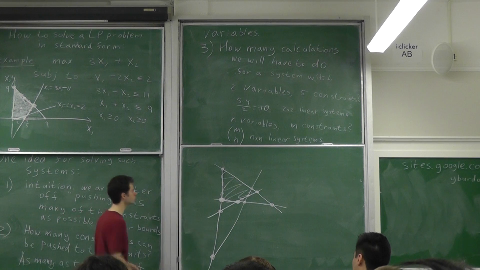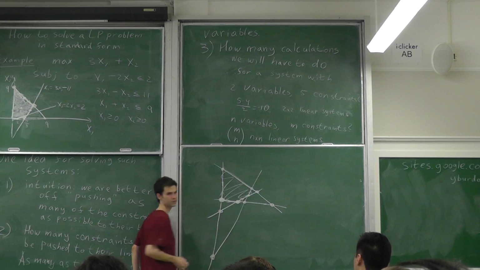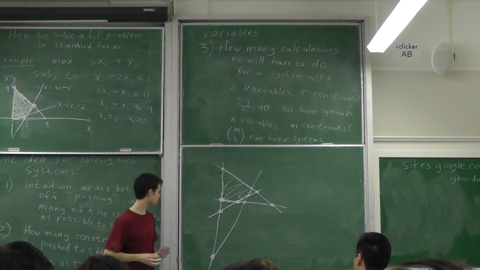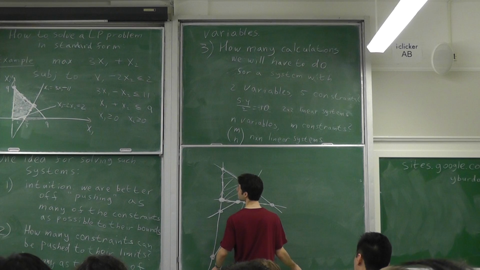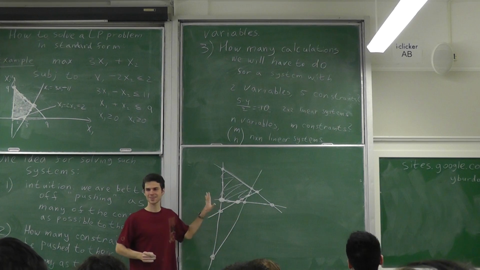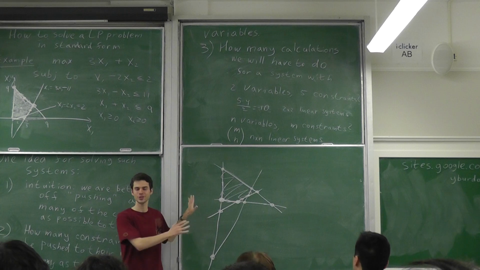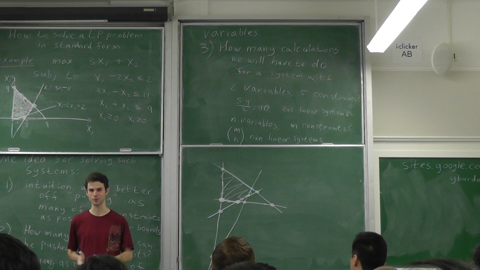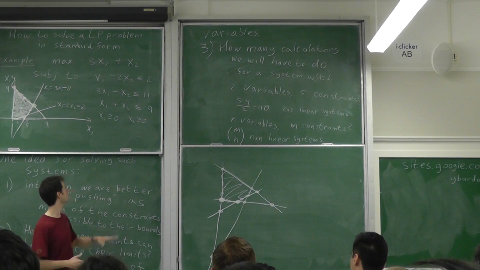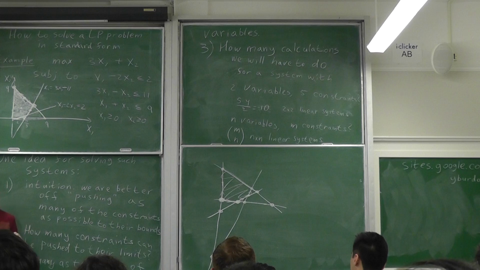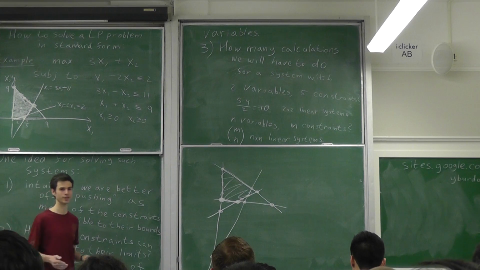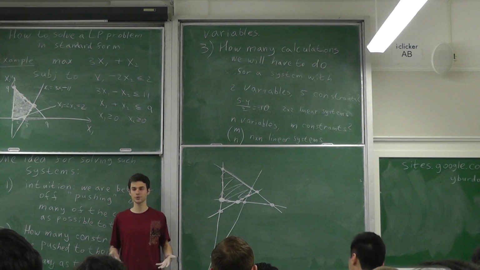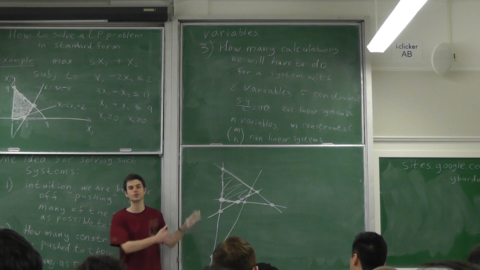So this way I will have to solve at most 5 systems of equations. And that's exactly what we will do. So that's the idea, in a picture, without any calculations. Unfortunately, we will have to actually perform the calculations, and sometimes not with just 2 variables, but with 3, 4 variables by hand, or 100 variables on the computer. So we'll have to learn how to do this algebraic procedure without referring to the picture.